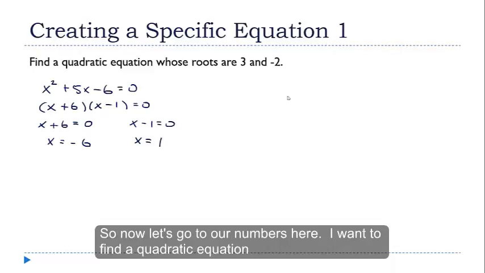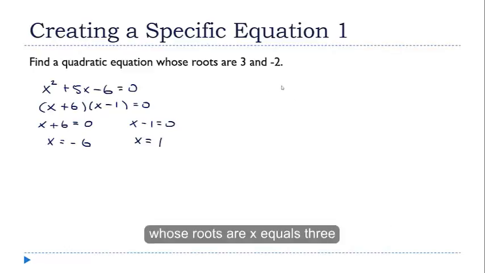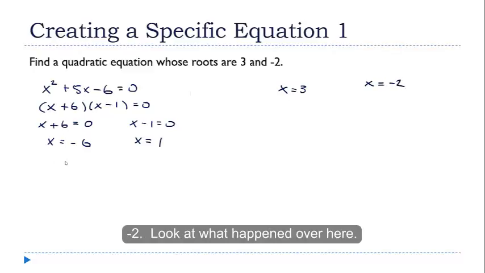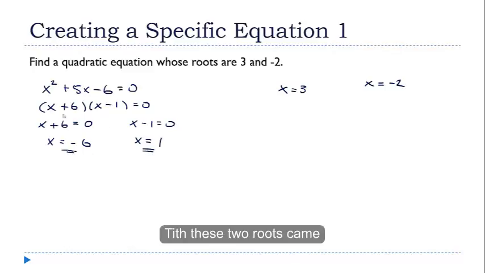All right, so now let's go to our numbers here. I want to find a quadratic equation whose roots are x equals 3 and x equals negative 2. Well, look at what happened over here. These two roots came from these two factors.